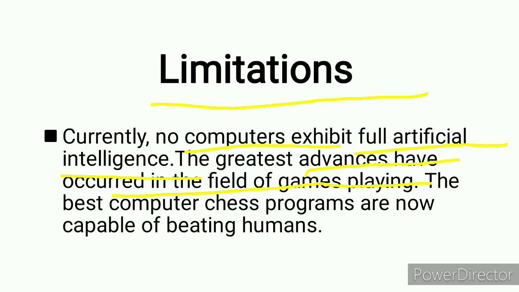You make a choice and the game responds to you. It's all artificial intelligence. The best computer chess programs are now capable of beating humans. Our Indian world champion has beaten the computer itself, and computers can also beat some very good chess players.